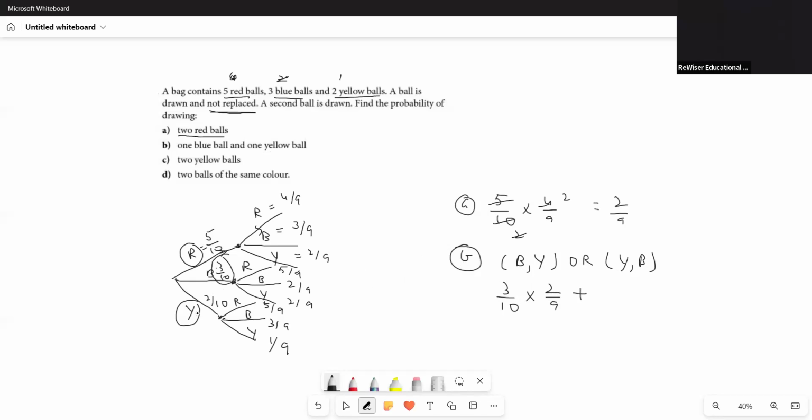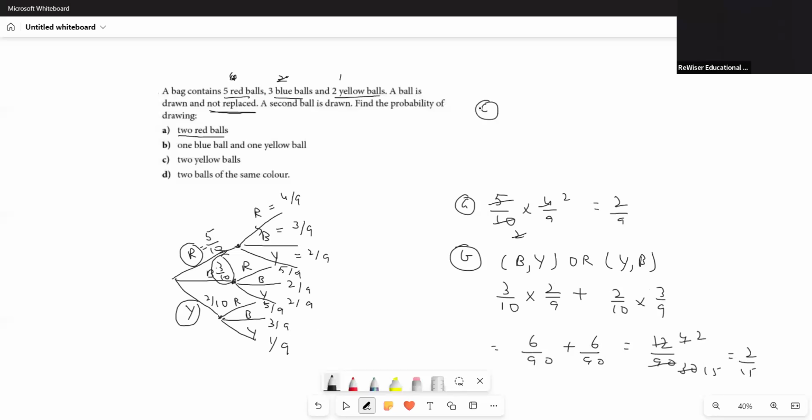And again, we have first yellow, so the probability is 2 by 10 into the blue, so the probability is 3 by 9. So in this case, we got it as 6 by 90 plus 6 by 90. So it's 12 over 90. So we can reduce it by 3. So that's 4 over 30. So we can still further reduce it to write it as 2 by 15 as the final answer.